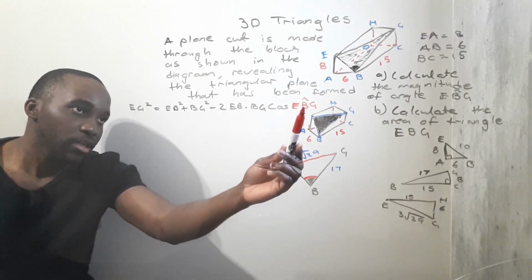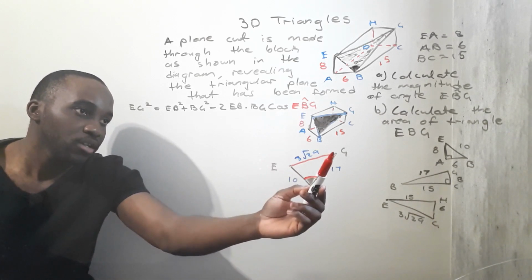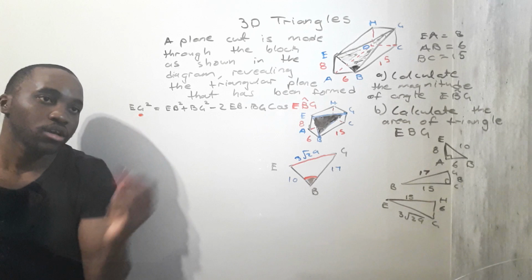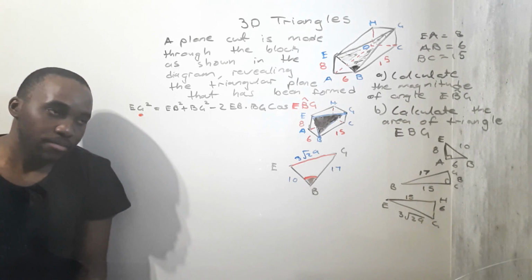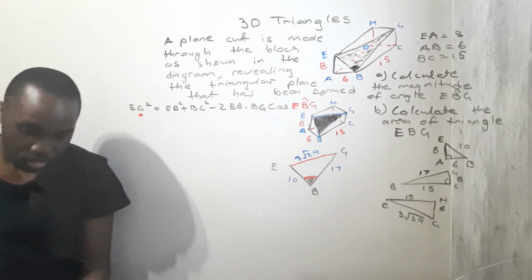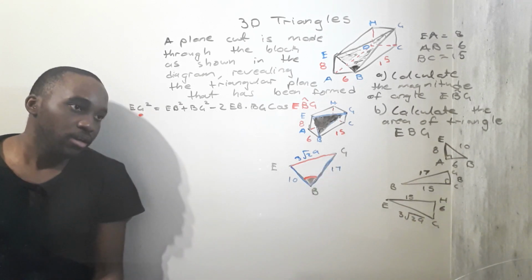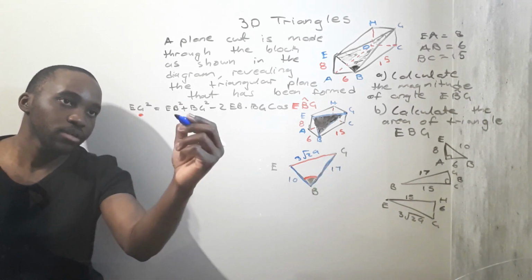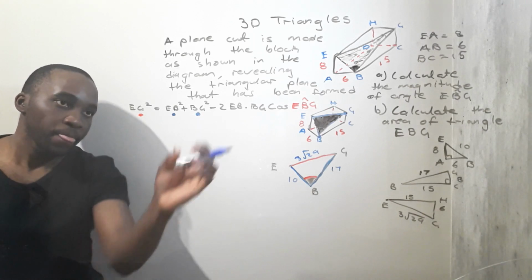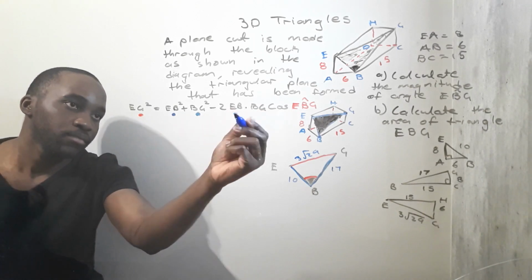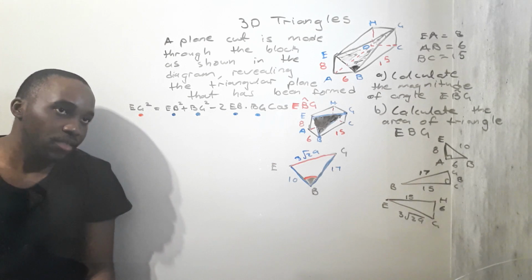So whatever its opposite side is, it is always the length that goes there. Now the other two lines, in our case EB and BG, those will always be those two there, and then whatever these two are, it will be those two lengths there.